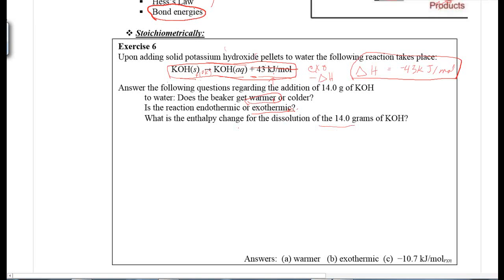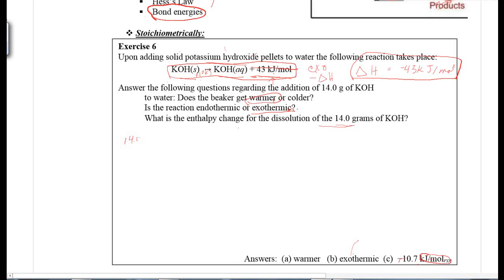So what this tells me is for every mole of reaction, and that's another thing the College Board is doing, they're trying to go towards using units of energy, or enthalpy, as kilojoules per mole of reaction. Okay, so per mole of this reaction, I get a product of 43 kilojoules, okay? And what I want to know is what happens if I only have 14 grams. So this is just simple stoichiometry.